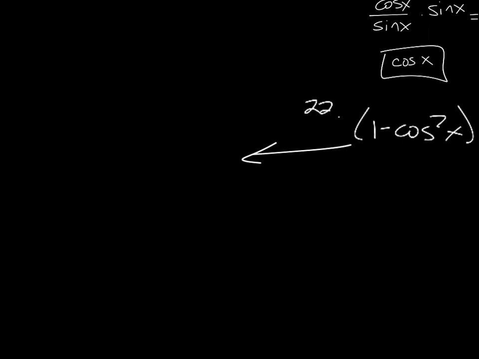Not yet, but we will have to. A difference of squares is just two terms, both of which are perfect squares, and a subtraction sign in between. So we could factor this. Wouldn't it be 1 plus cosine x, 1 minus cosine x? Right. Now, this isn't going to help us on this problem, but I'm pointing that out now because that's coming.